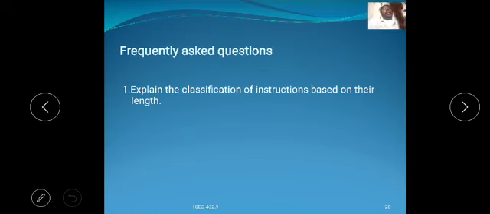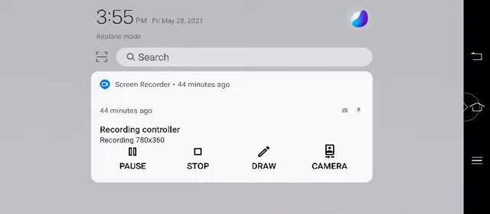In the frequently asked questions: explain the classification of instructions based on their length. That means we are classifying them based on their length: 1 byte instructions, 2 byte instructions, and 3 byte instructions.